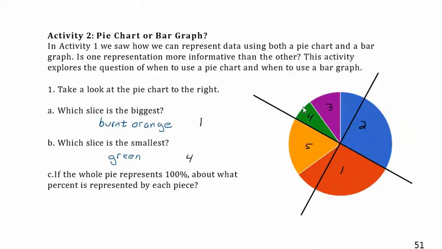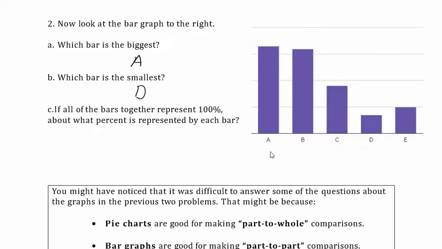In the pie chart, we have a picture of what the whole is. The whole is the entire circle. And so I can divide the circle up into pieces and get a really good idea of what 25% of the whole is. Again, focusing on this idea about what is the whole. Down here, I don't have a very good idea about what the whole is.